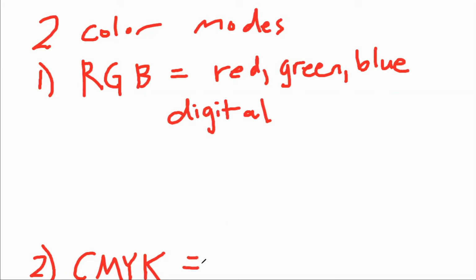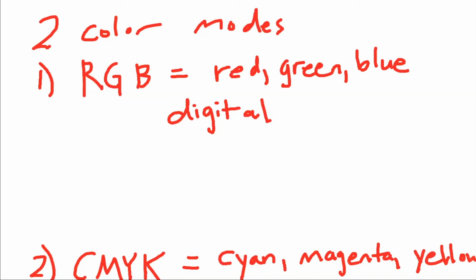So CMYK stands for cyan, magenta, yellow, and then they trick you on the last one, black.